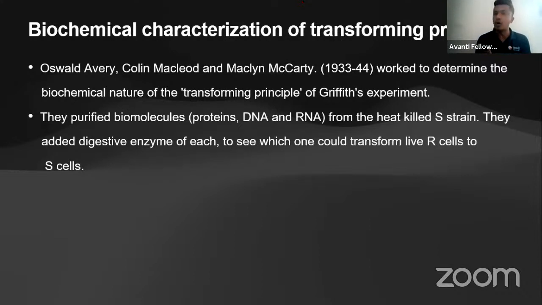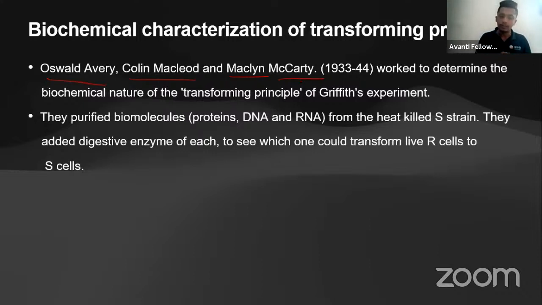The people who worked on the biochemical nature of what got transformed are Oswald Avery, a very important scientist, Colin MacLeod and Maclyn McCarty. It is called the Avery-MacLeod-McCarty experiment. These three scientists wanted to see what biochemicals got transferred in this process. What they did was a very brilliant experiment again.